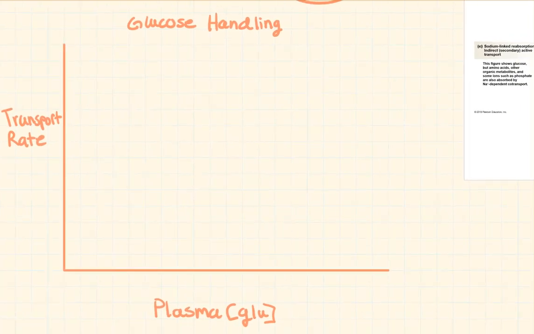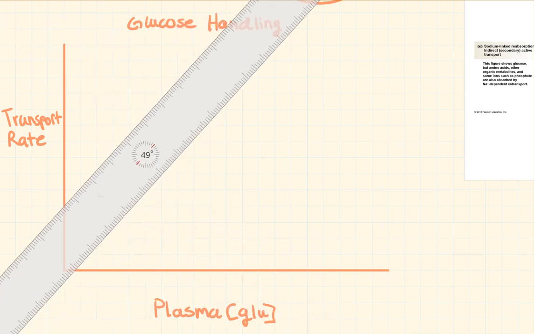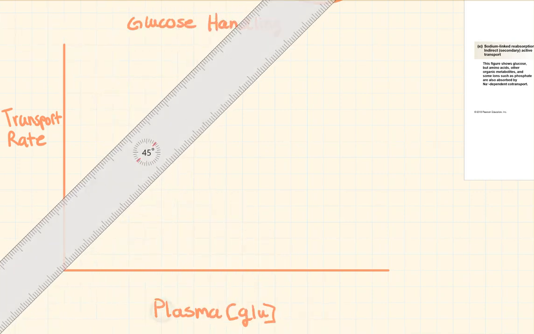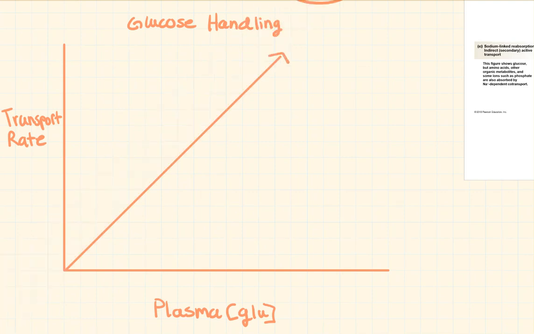All right, so when I say handling, I mean, how does the kidney deal with glucose? Does it fully reabsorb glucose? Does it secrete glucose? What is the net process that happens in the kidney for glucose? So the first line that we are going to do is going to be a nice linear line through the middle. This line represents the filtration rate of glucose.